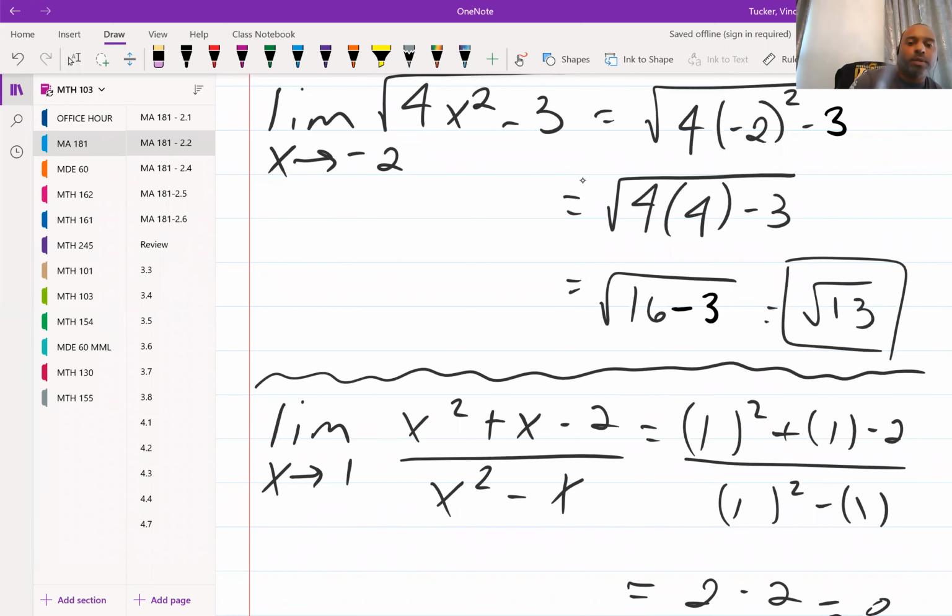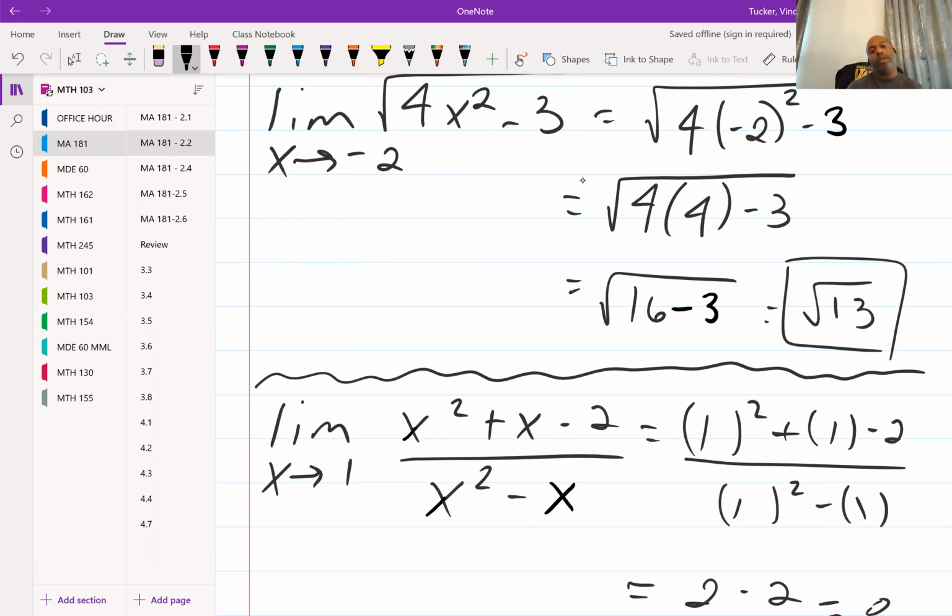Next one, we have the limit of x squared plus x minus 2 over x squared minus x as x goes to 1. Just like before, we'll plug in what x is approaching.